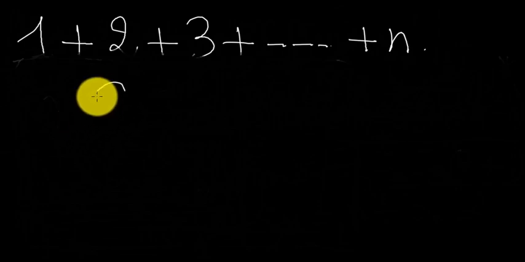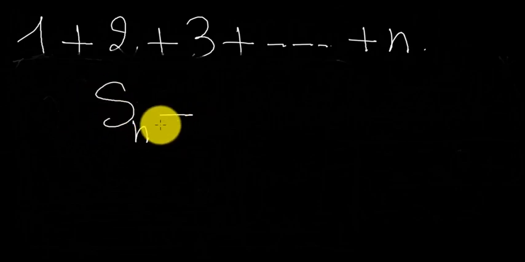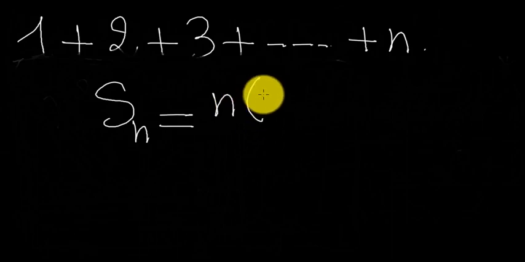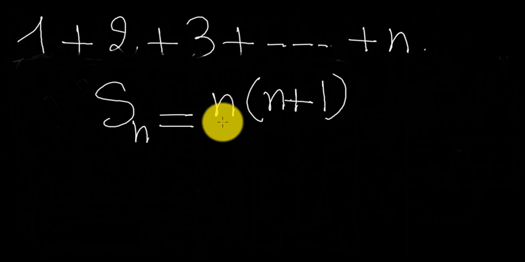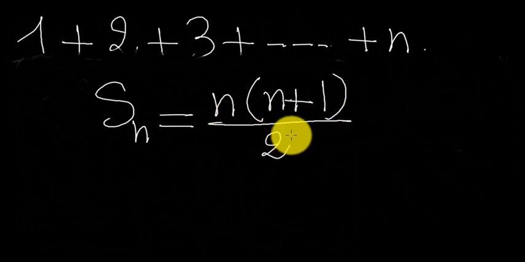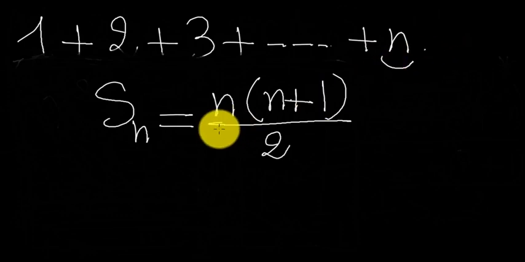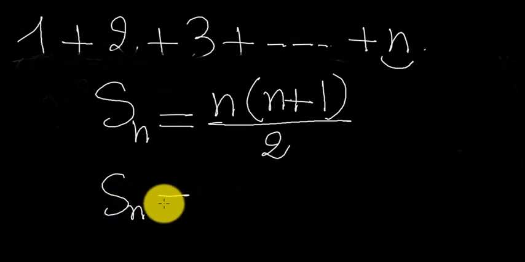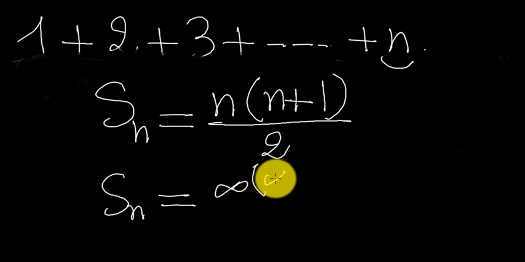So basically Sn is equal to n times n plus 1 divided by 2.